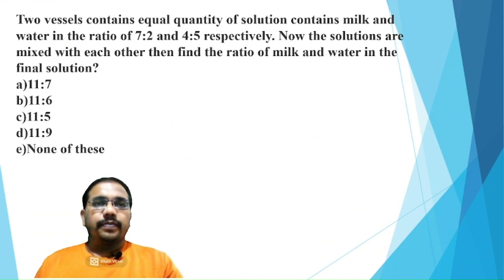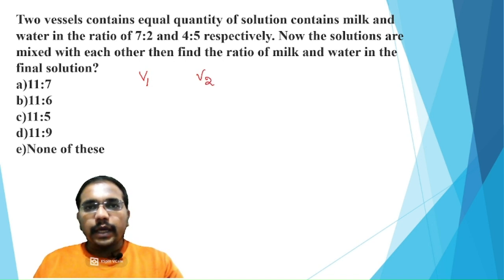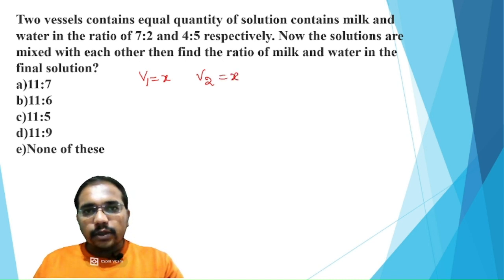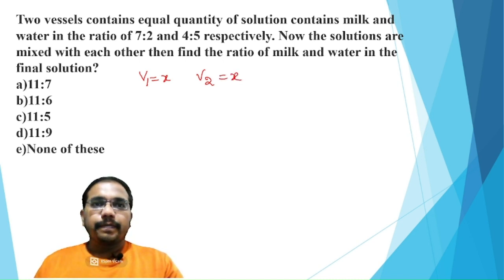See this question. Two vessels contain equal quantity of solution. That means vessel 1 and vessel 2 have equal quantities. For example, vessel 1 has X liters, vessel 2 also contains X liters.